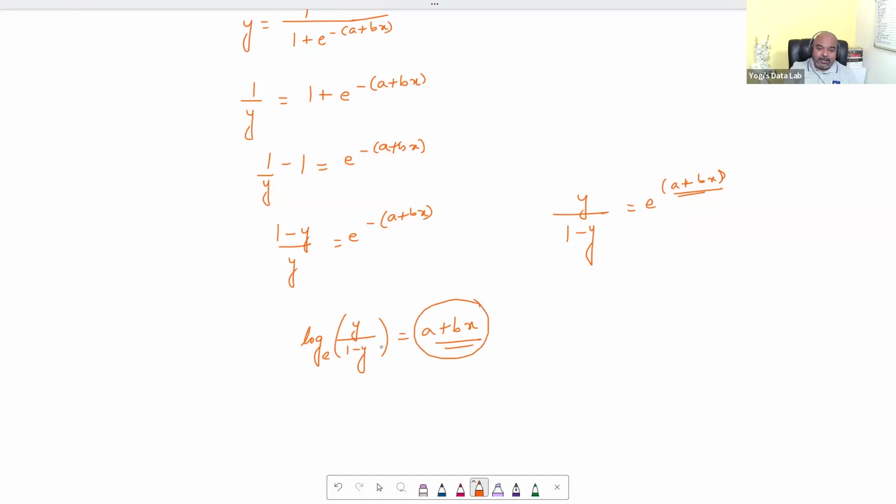So if I make this generic, I can say ln, which means natural log, log to the base e, of y upon (1 minus y) is equal to beta 0 plus beta 1 x1 up to beta n xn. Now what is my y?